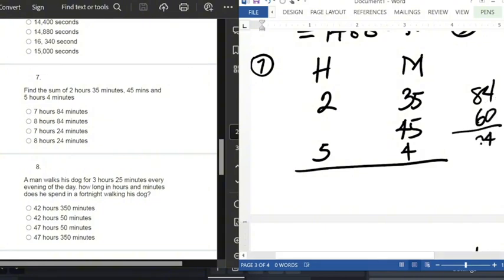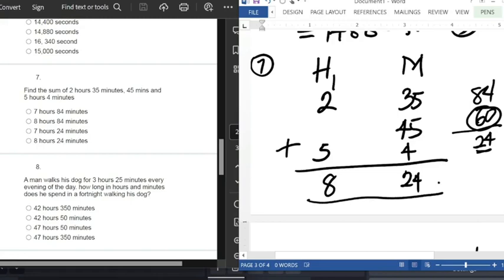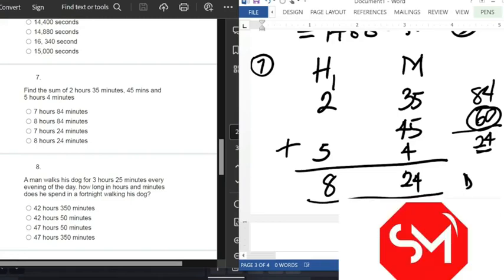That gives us 24. Which means this 60 will be carried to our hours column as 1, because 60 minutes is 1 hour. So what we have left here is 24. I hope this is very clear. Good. So we can then add this together. That gives us 8 hours 24 minutes. That's option D. Is that clear?